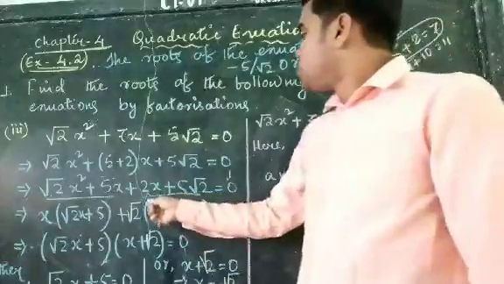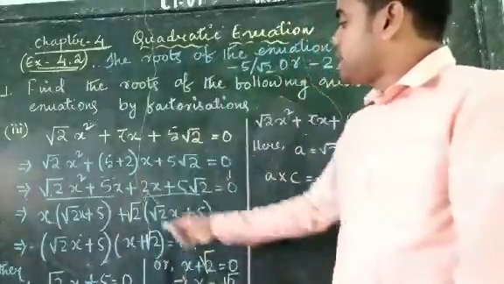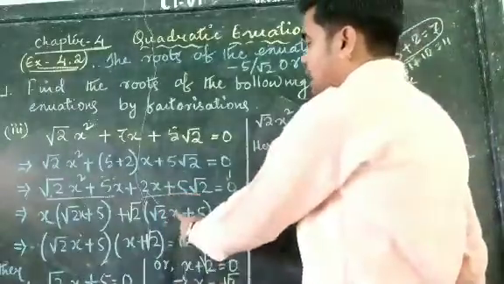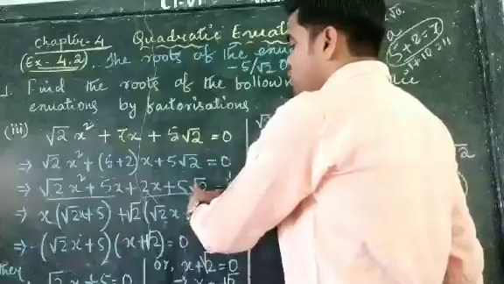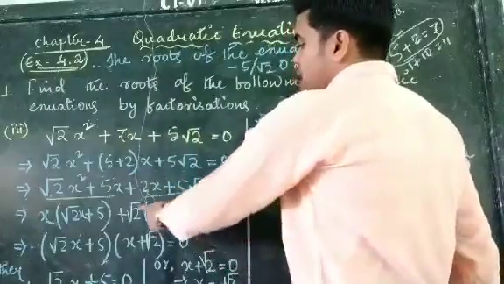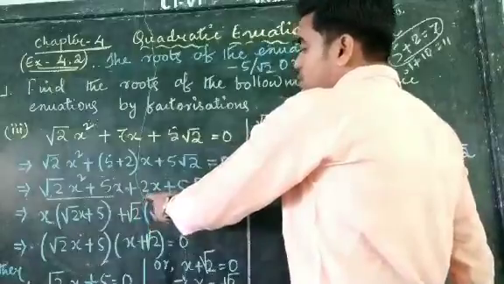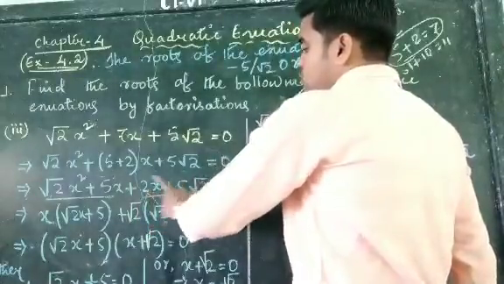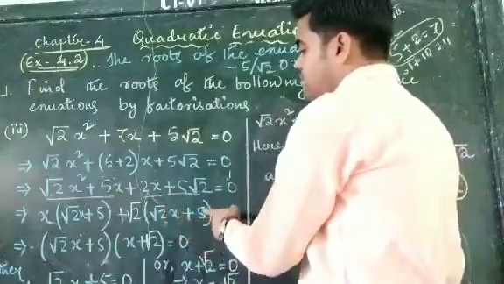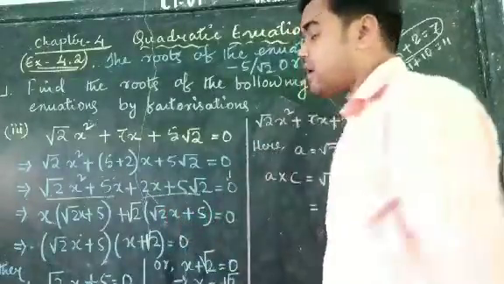If we take root 2 common, then inside the bracket there is x and 5. In 5 root 2, root 2 is already common, so 5 is the remaining term. So when you take root 2 common from 2x and 5 root 2, inside the bracket is x plus 5, equal to 0.